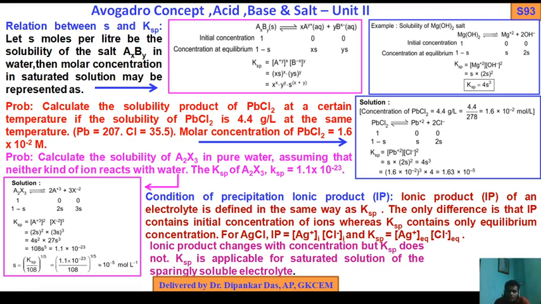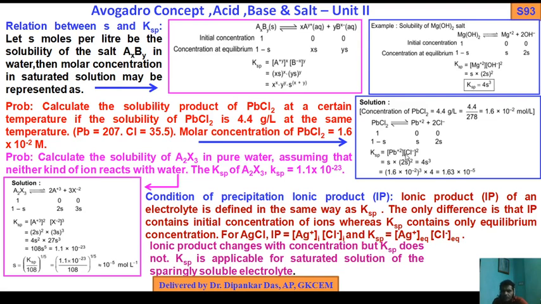So what to do? First dissociate the PbCl2: Pb^2+ plus 2Cl^-, like magnesium hydroxide. 1, 0, 0; 1 minus S, S, 2S. The concentration of PbCl2 is given as 4.4 gram per liter, so 4.4 divided by 278 gives 1.6 × 10^-2.